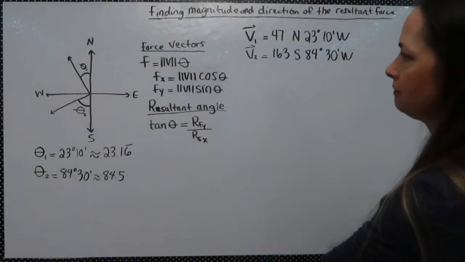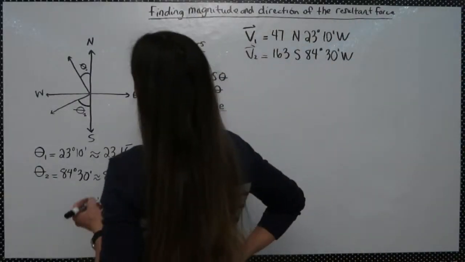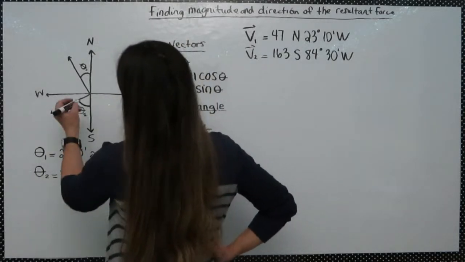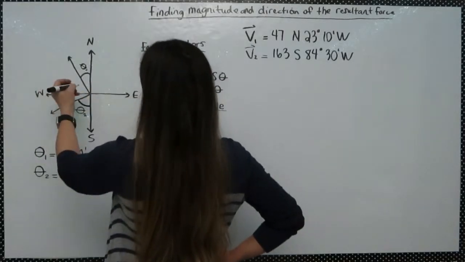So we have, there should be a resultant in here somewhere. So I'm estimating that it's going to be in here somewhere.